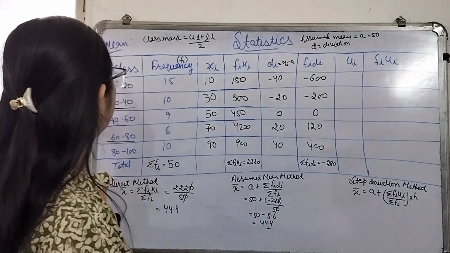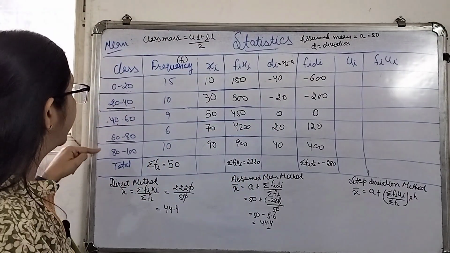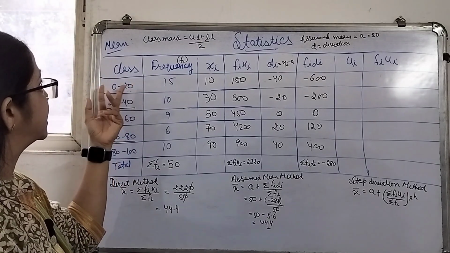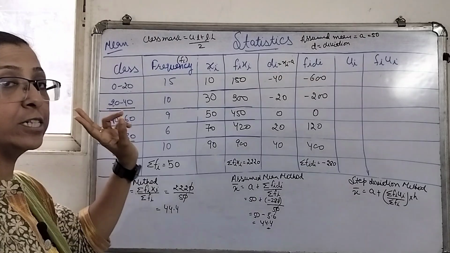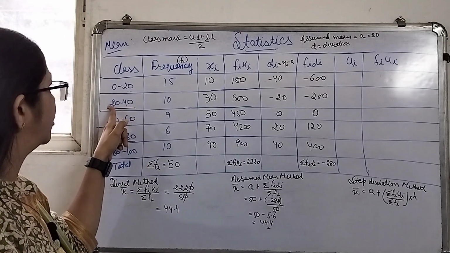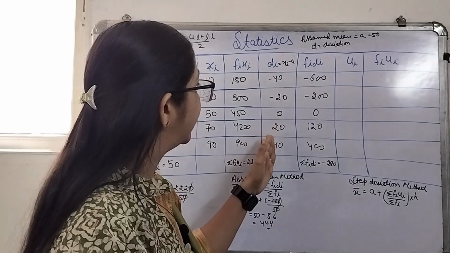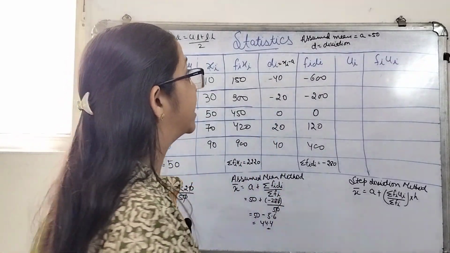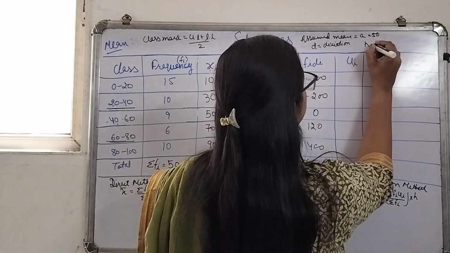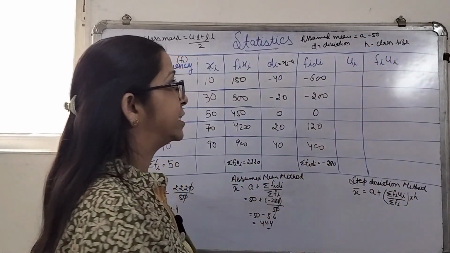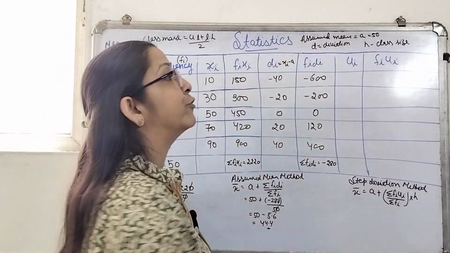This 20 is your class size, because whatsoever the class size is here, 0 to 20 is 20, the class size over here is also 20. So if we divide the value of di by the class size, that is h, we get the value of ui.